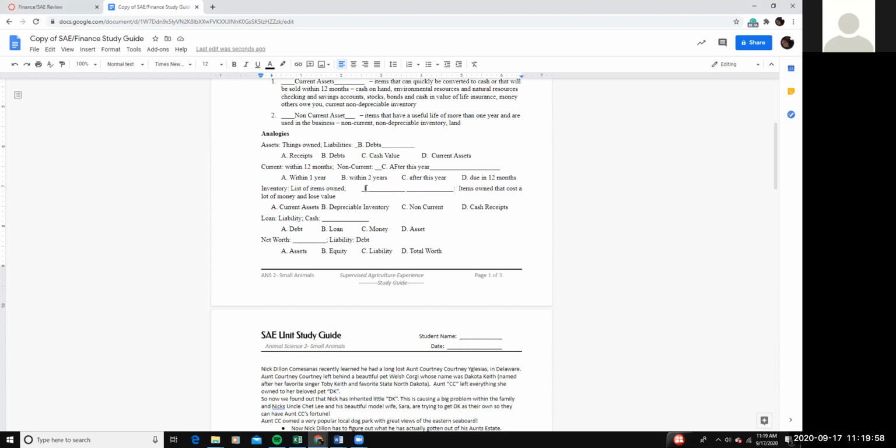Is it current assets? Not current assets. So an inventory is a list of items owned. So what would be items owned that cost a lot of money and lose value? Is it B? Yeah. Depreciable inventory. So depreciable just means that it loses value.